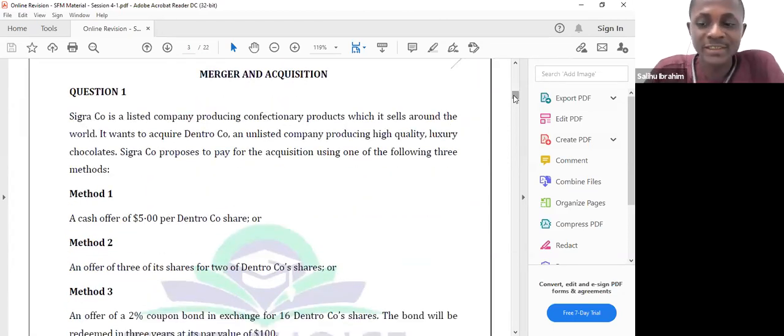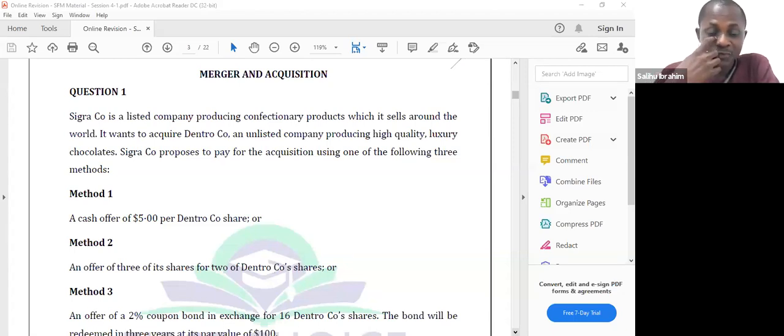Now, we have previously discussed business valuation, and I made mention of the fact that the foundation of merger and acquisition is business valuation. What does that mean? It means that you cannot fall in love with merger and acquisition without having previously fallen in love with business valuation.